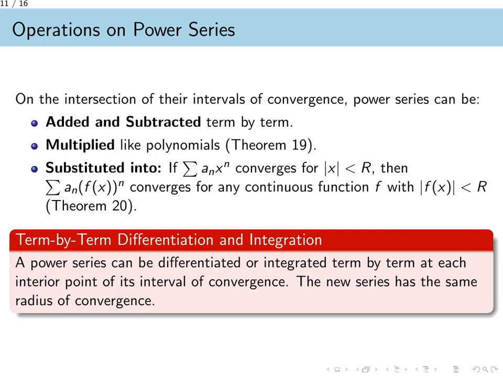A power series can be differentiated or integrated one term at a time within its interval of convergence. A remarkable and convenient fact is that performing term-by-term differentiation or integration does not change the radius of convergence of the series. The key takeaway is that power series can be manipulated algebraically and with calculus, allowing us to build new series from ones we already know.